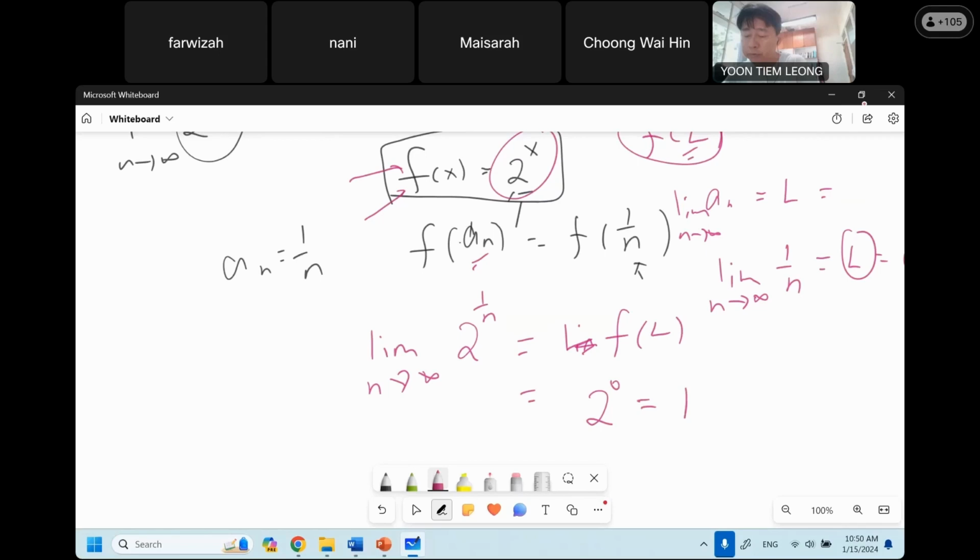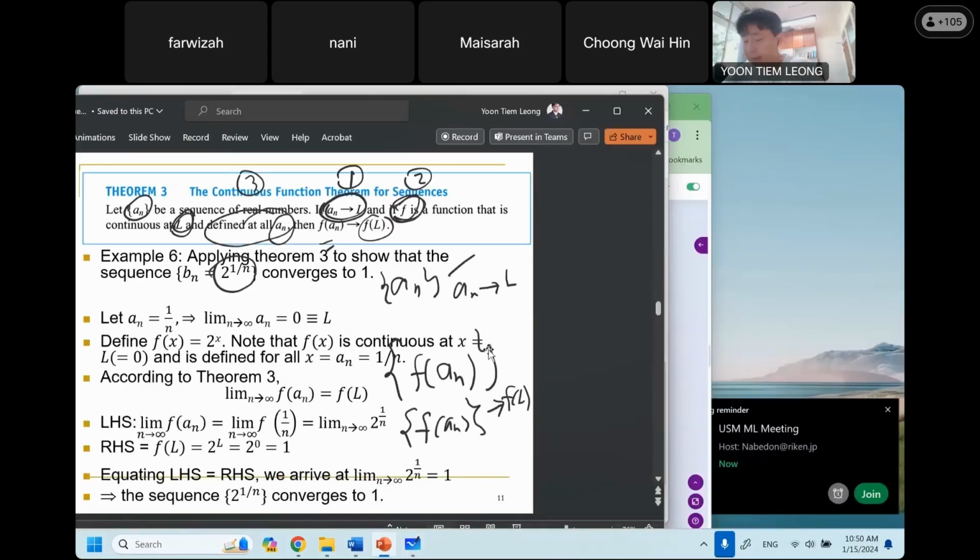So that is how we make use of theorem 3 to calculate the limit of the sequence. That is a brief explanation of how to apply theorem 3 to calculate the limit of the sequence 2 to the power of 1 over n.